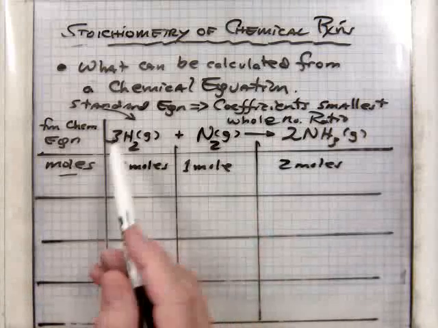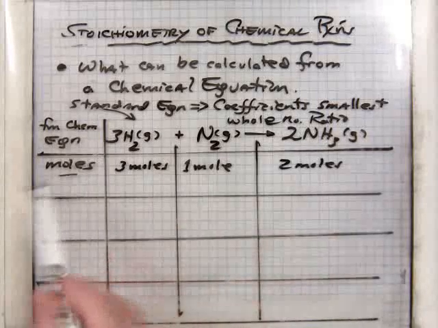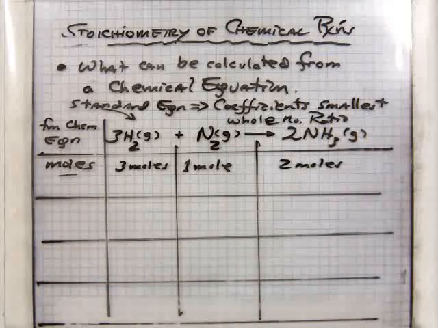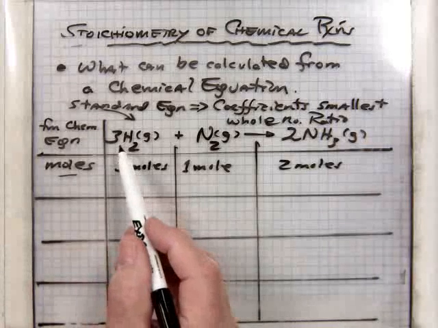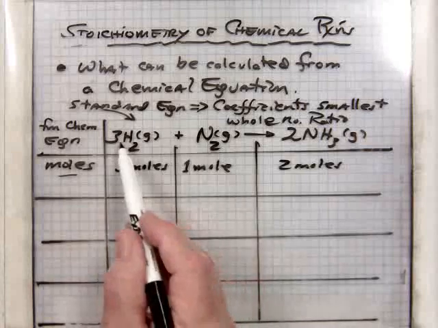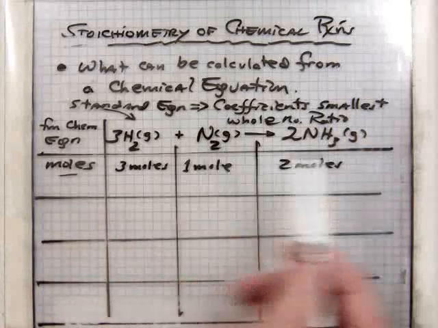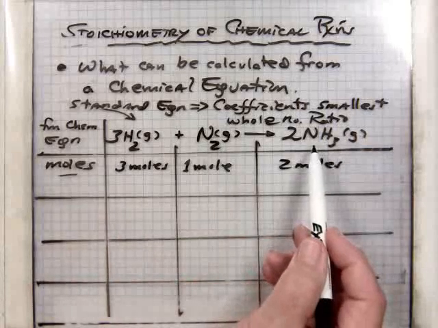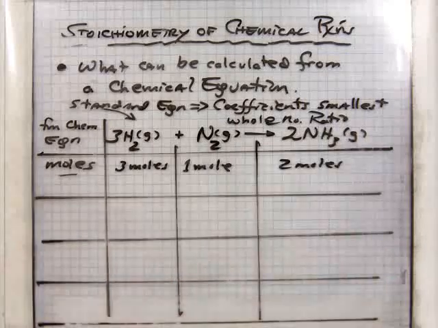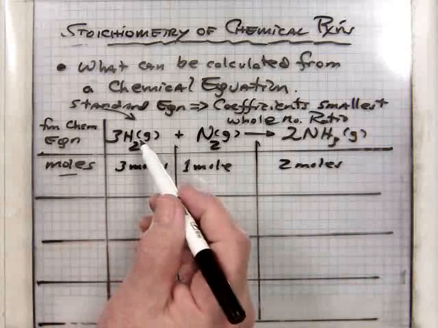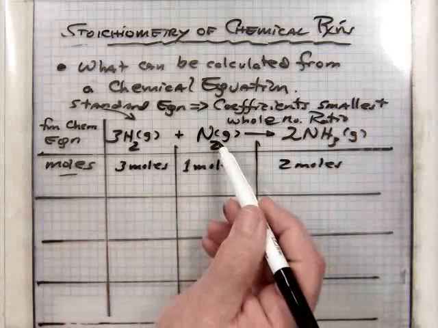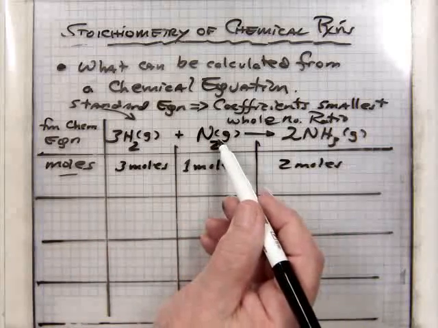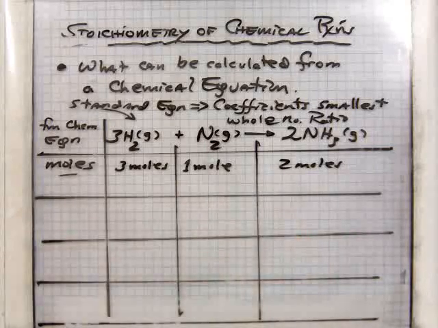And another thing in here about moles is we have a reaction ratio. It always reacts in a 3-to-1 ratio between hydrogen and nitrogen to produce 2 moles of ammonia. And it doesn't matter if you have 20 moles of hydrogen, it only uses 1 mole of nitrogen if that's all you have. So it always reacts in those quantities.